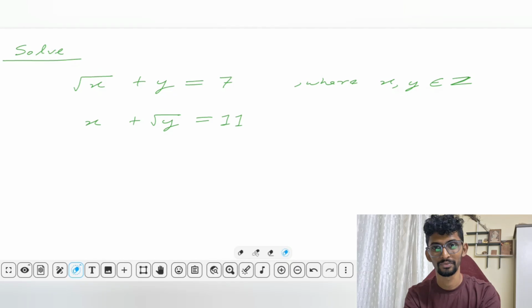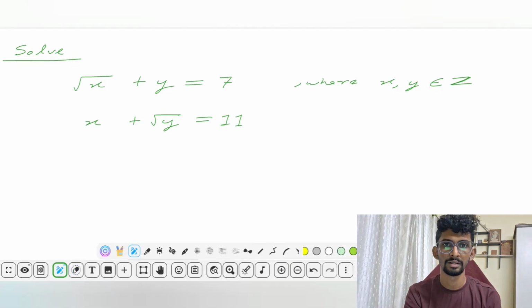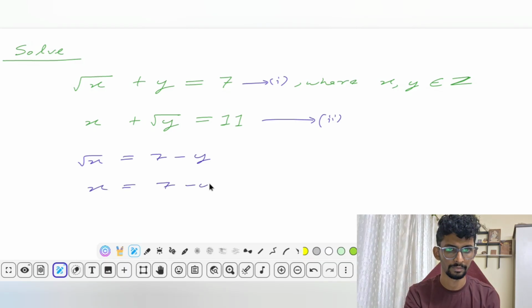Let us try. Suppose if we apply substitution method, that is, suppose this is equation 1 and this is equation 2. And from 1, if we find root x as 7 minus y, that means x will be 7 minus y whole square.